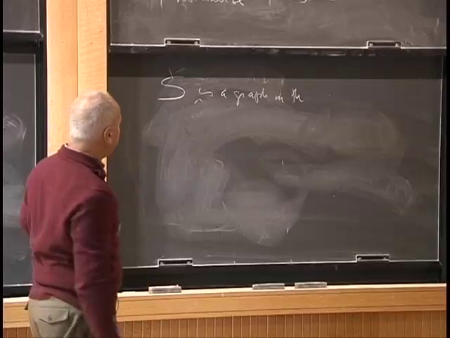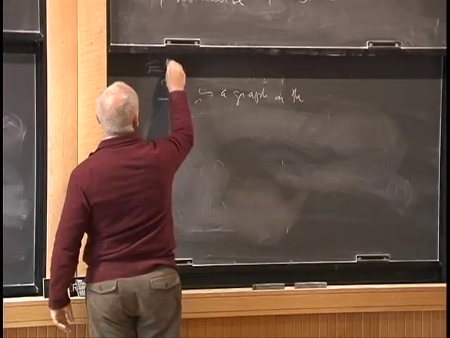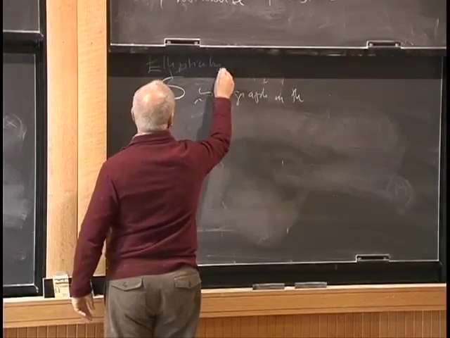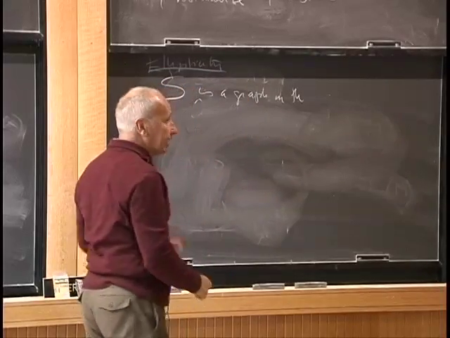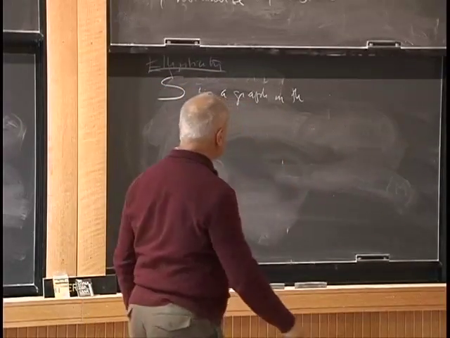So ellipticity means that S is a graph in the direction of any positive matrix.